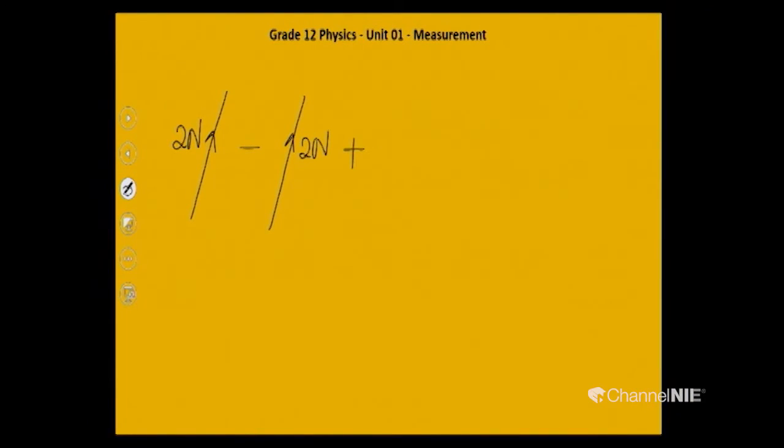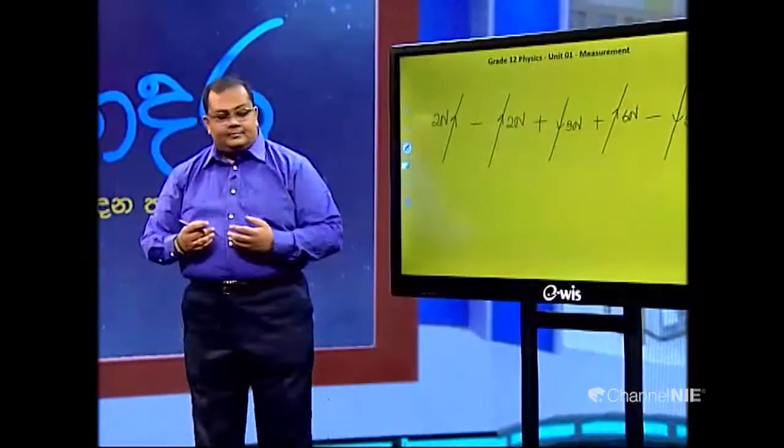Next vector we are given backward direction 3 newtons. Another one we are given in the same direction 6 newtons, and we are given opposite direction again 5 newtons, to take subtraction. I told you the best method, first we have to change all the arrowheads to the same direction.